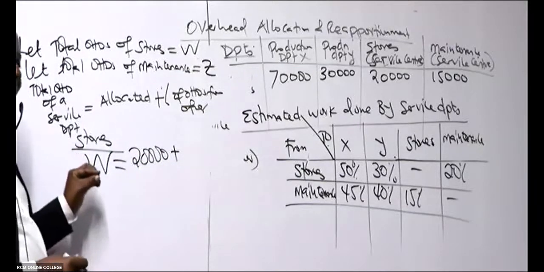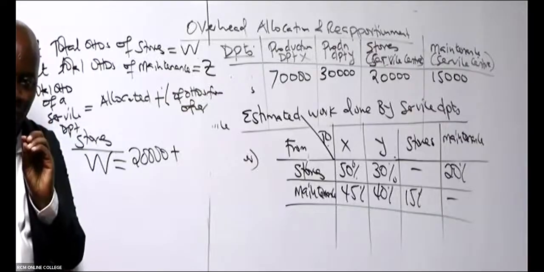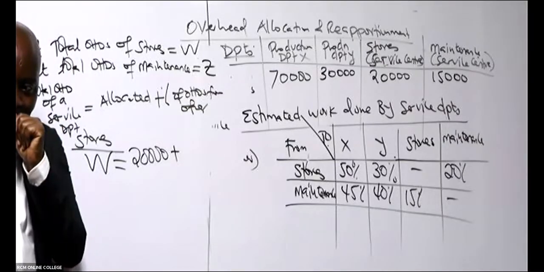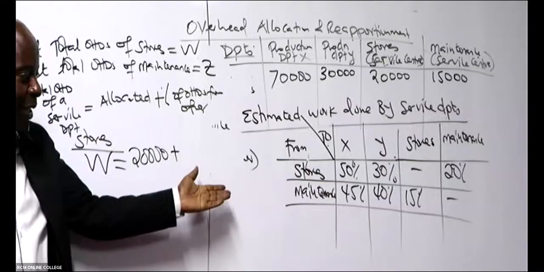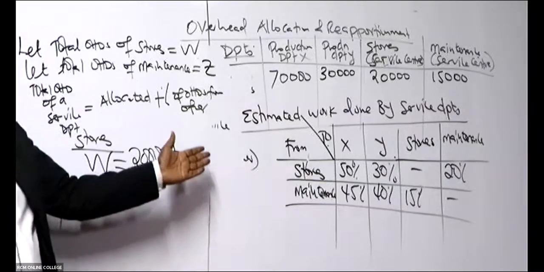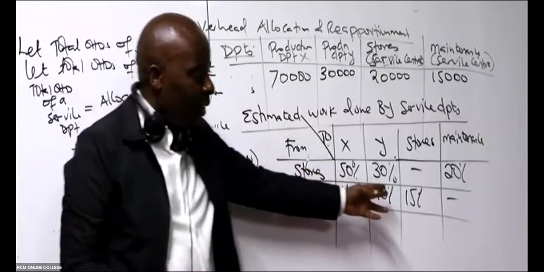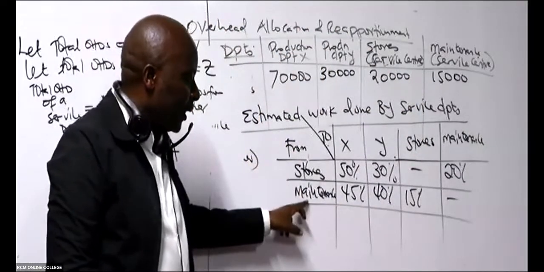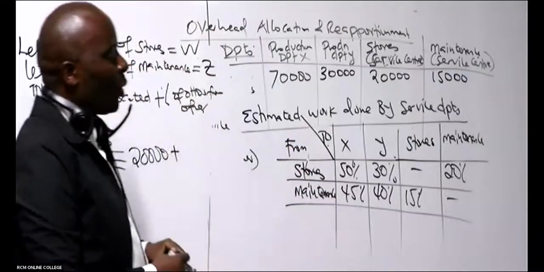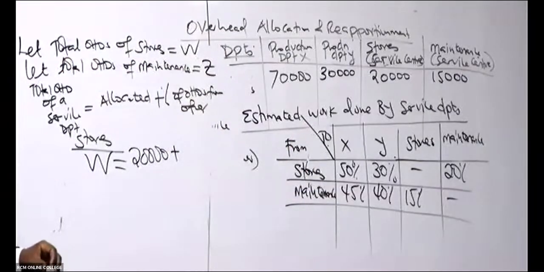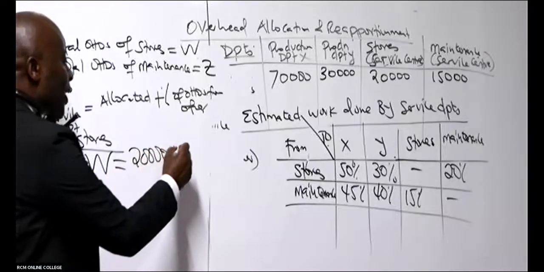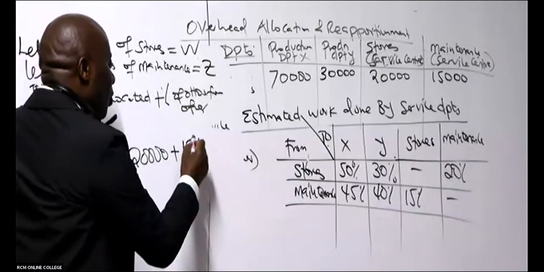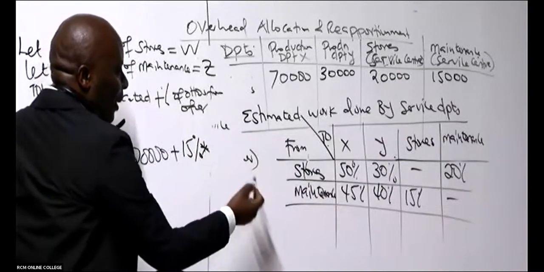Now, is this stores department getting some percentage from any other department? Yeah, I can see down here, from maintenance to stores. So stores is getting what percentage here? It's getting 15%, isn't it? So it will be 15% of the total overhead of maintenance.